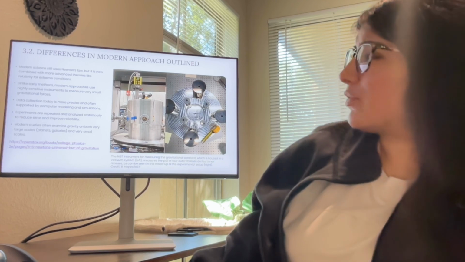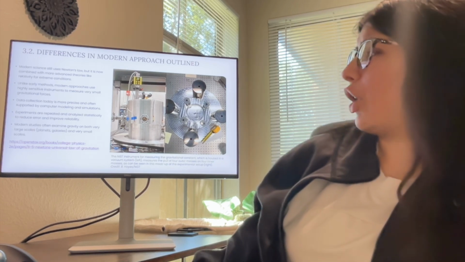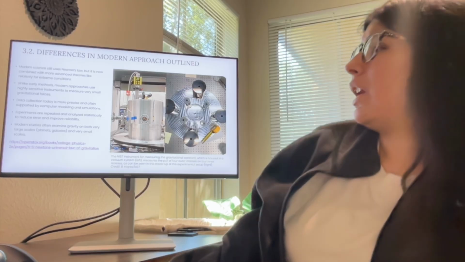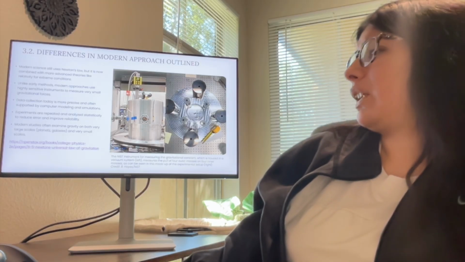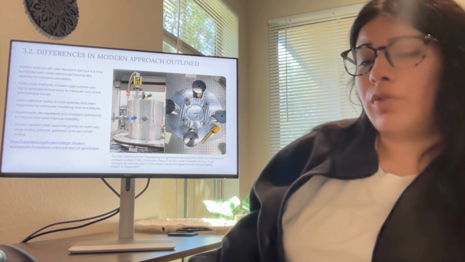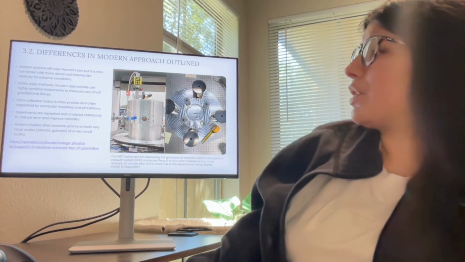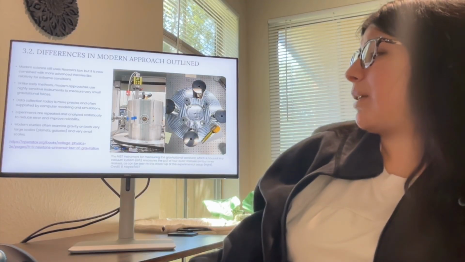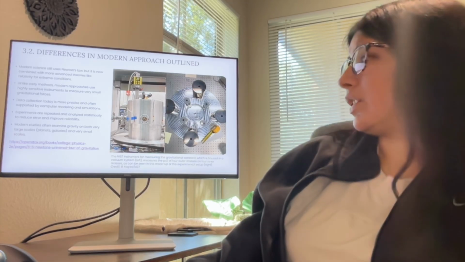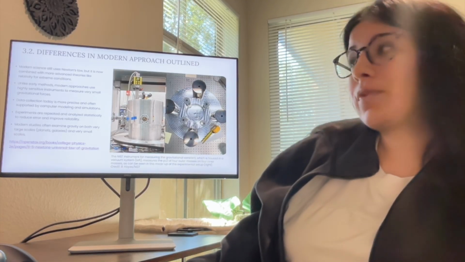Data collection today is more precise and often supported by computer modeling and simulations. Experiments are repeated and analyzed statistically to reduce error and improve reliability. Modern studies often examine gravity on both very large scales, like planets and galaxies, and very small scales.